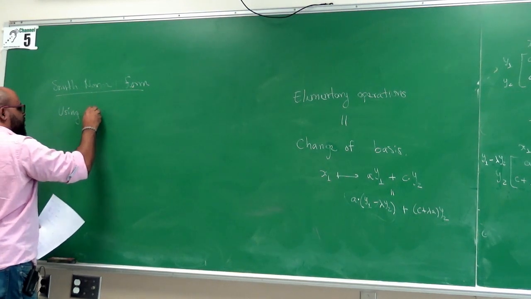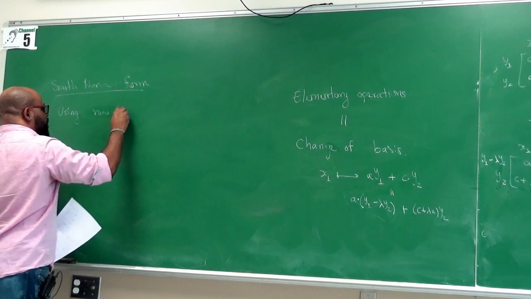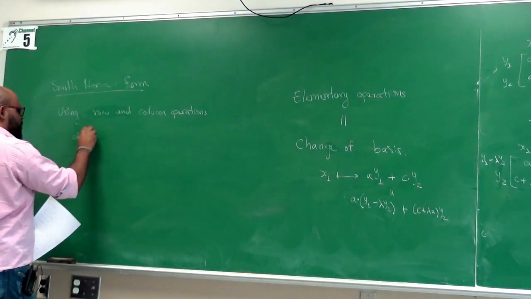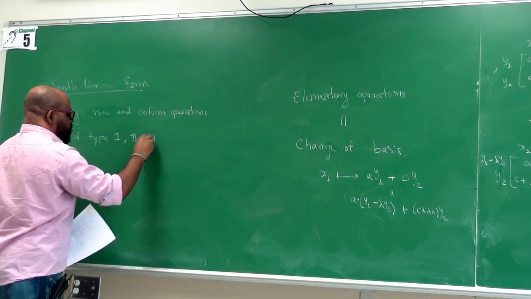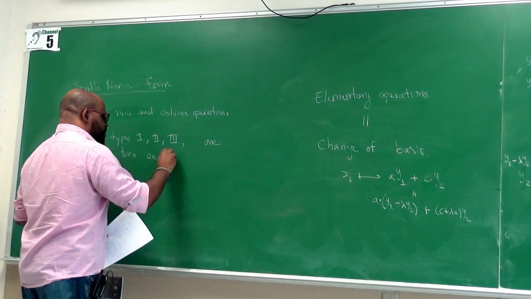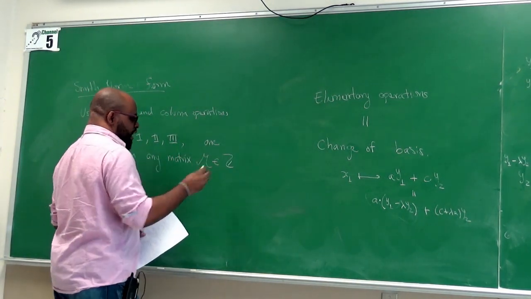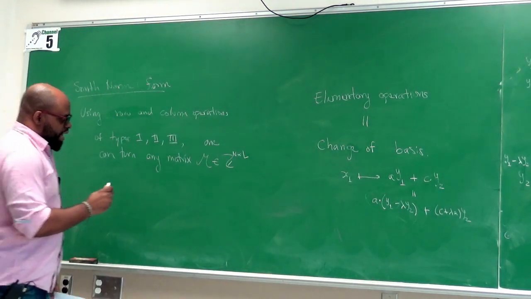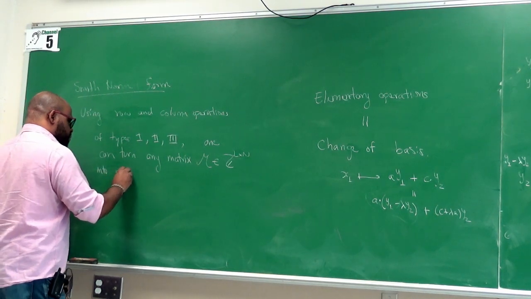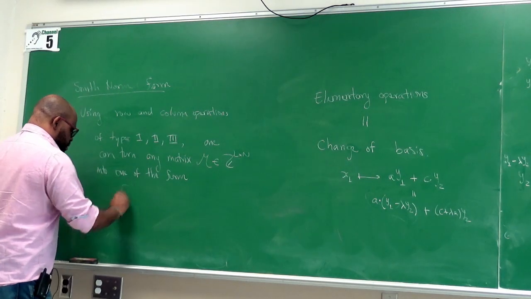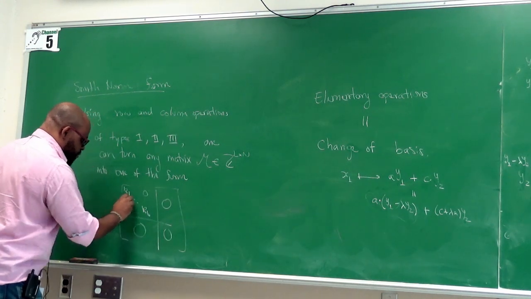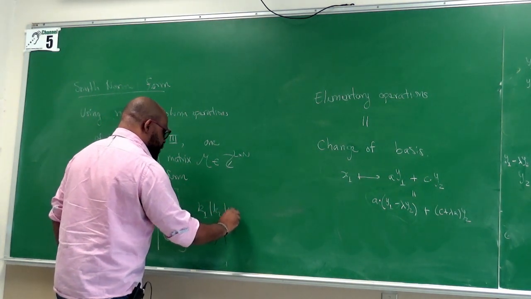Using row and column operations of types 1, 2, and 3, one can turn any matrix M, which is an integer matrix of size, say, n by L, or L by n, into one of the form K1 through KB, and then everything else is 0. And then K1 divides K2, K2 divides K3.